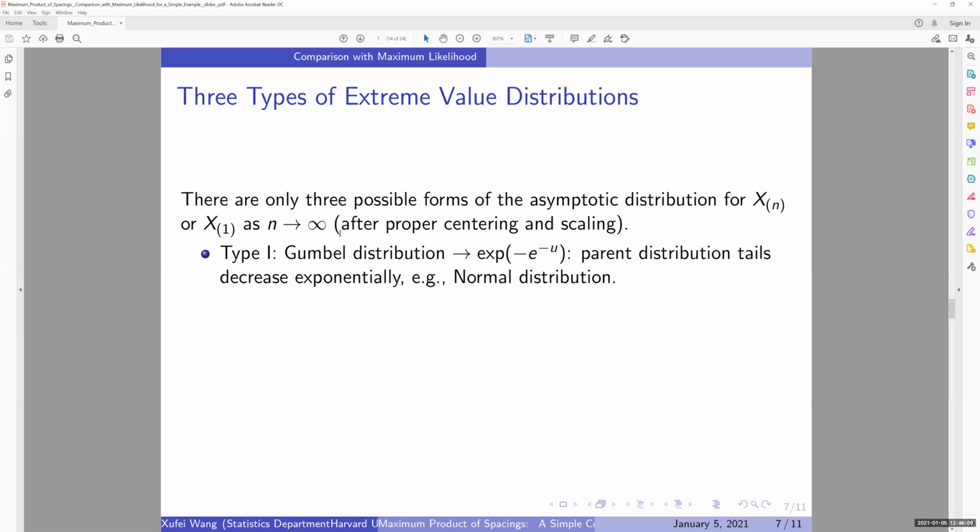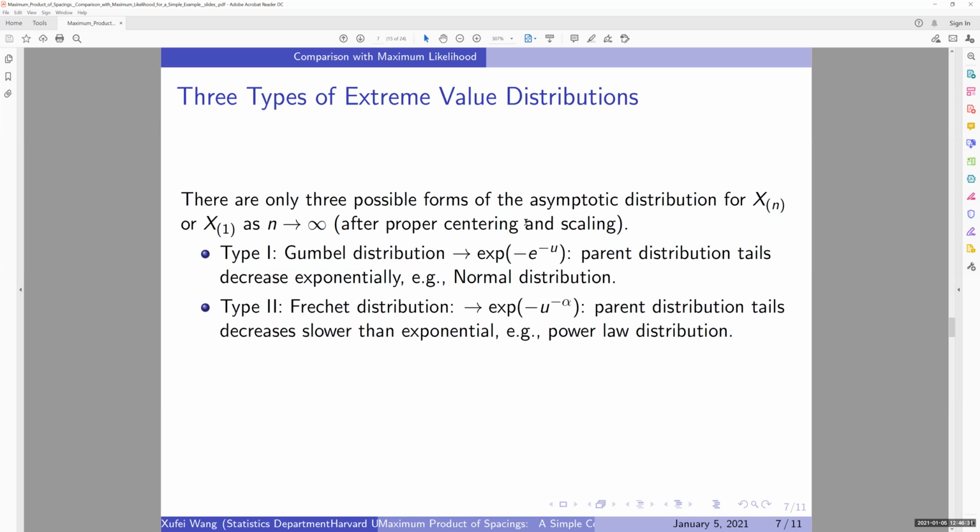So people define type 1 as the Gumbel distribution, which arises when the true parent distribution's tail decreases exponentially, like the normal distribution. The asymptotic distribution will look like the exponential of minus exponential to the minus u.